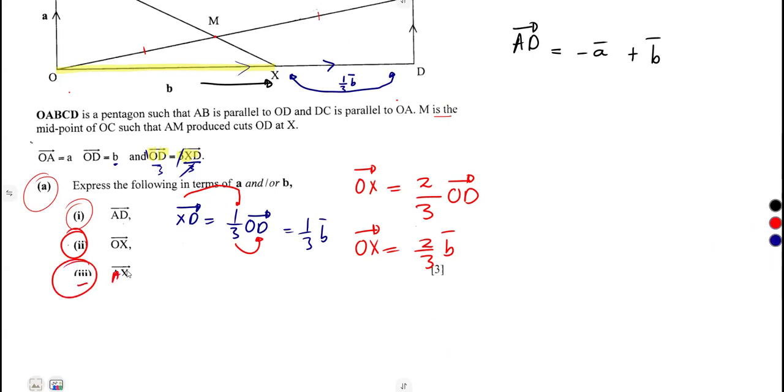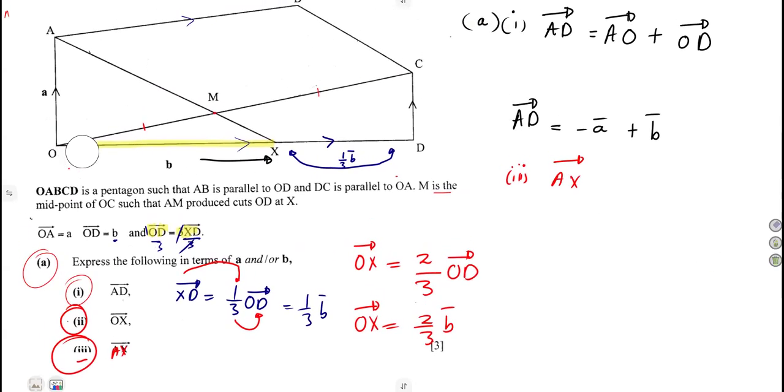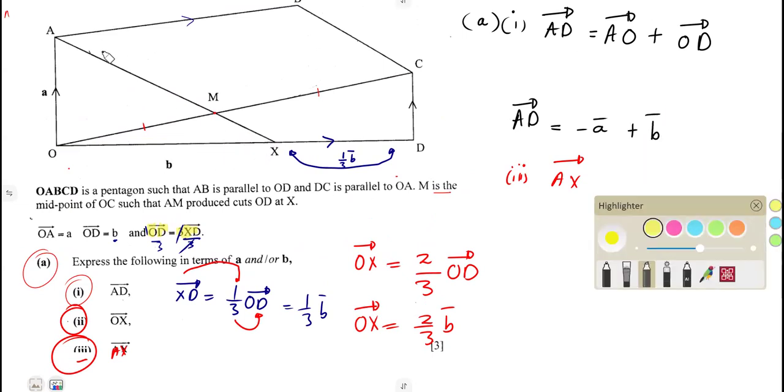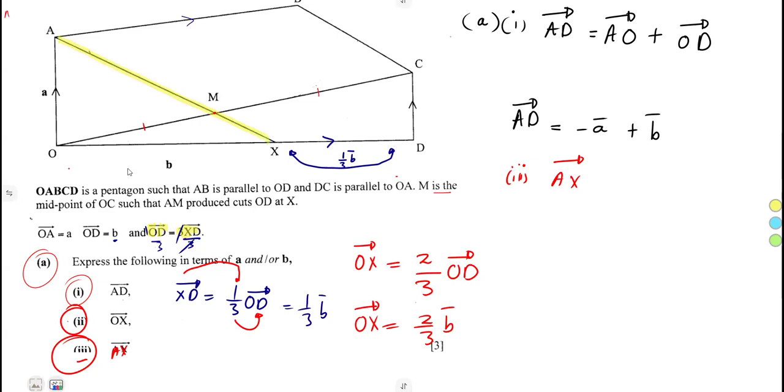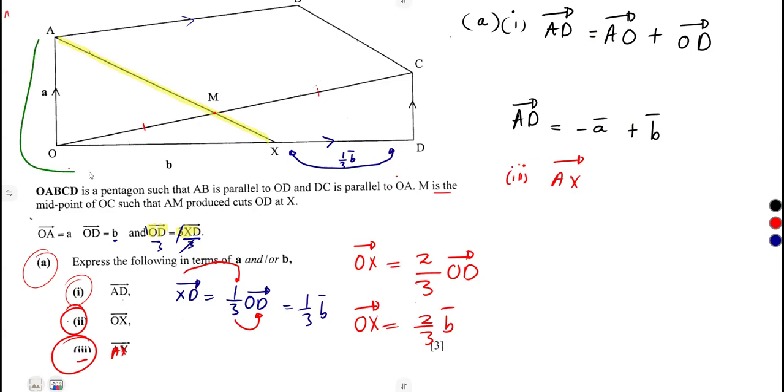Then AX, this was AX on item 3. We need to determine vector AX. Remember, we have got the vector OX. We calculated this, and what we need is AX from A here to X. With the OX that we calculated, we can simply take our route this way from A to O, then O to X. So that is going to be simply A to O plus OX.